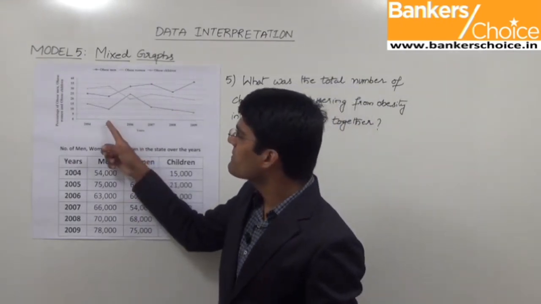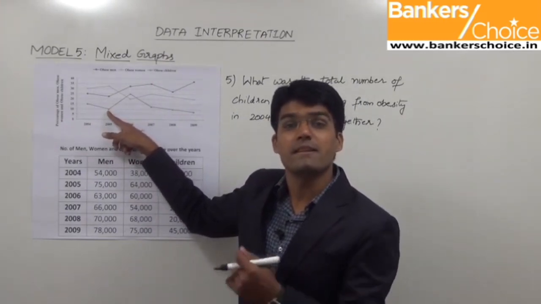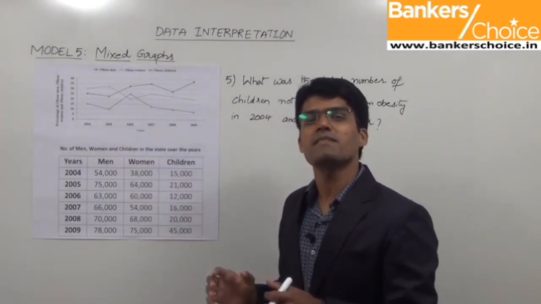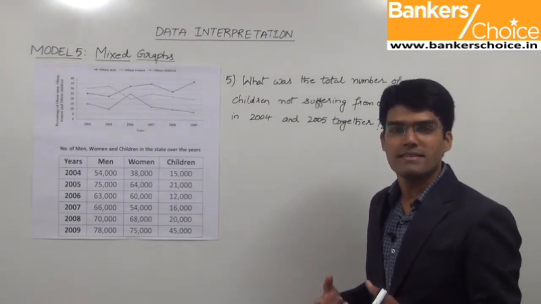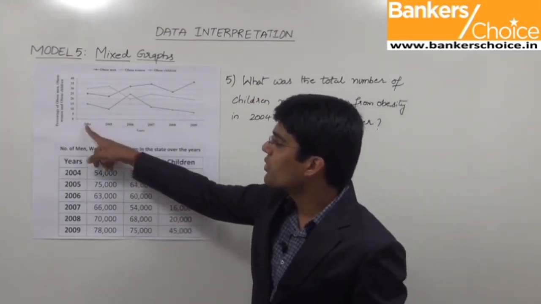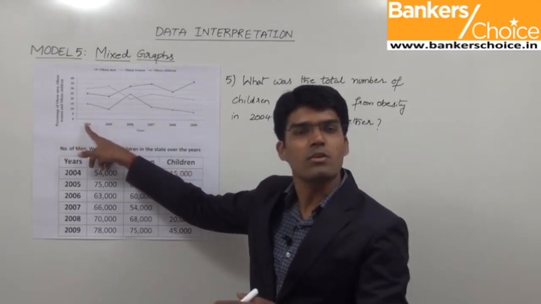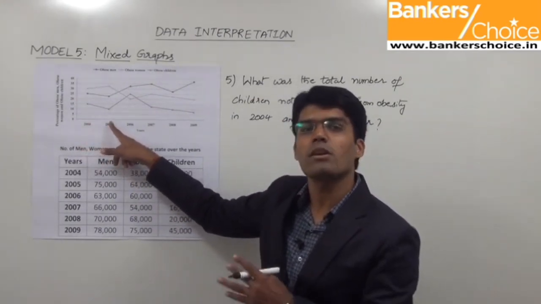Likewise, in the year 2005, we can see that 10% of the children are obese. That means they are suffering from obesity. So if 10% of the children are suffering from obesity, it is obvious that the remaining 90% were not suffering from obesity. So now we know that in 2004, 85% of the children were not affected by obesity, and in 2005, 90% of the children were not affected by obesity.